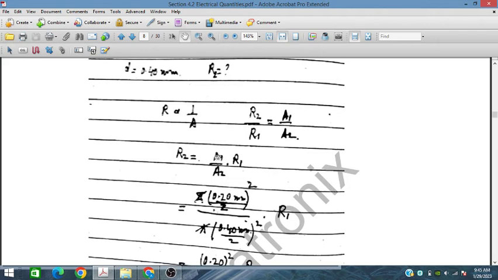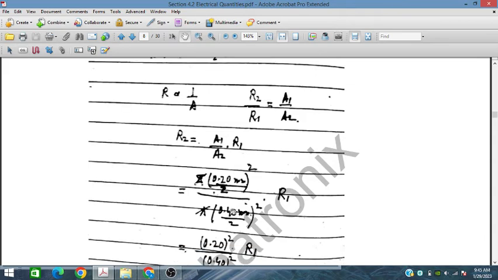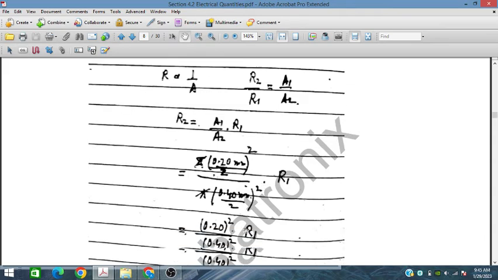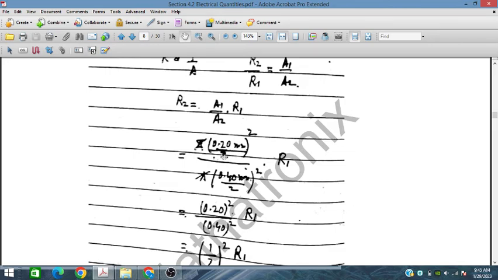So in place of this A1, we will use pi r square. This is the area of cross section. So this is diameter, so we divide this by 2 to make it a radius. Similarly for this one, and then square, and this 2 square and this 2 square will cancel out, so 0.2 mm square and 0.4 mm square will be there.